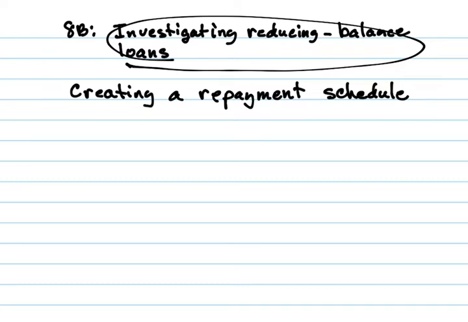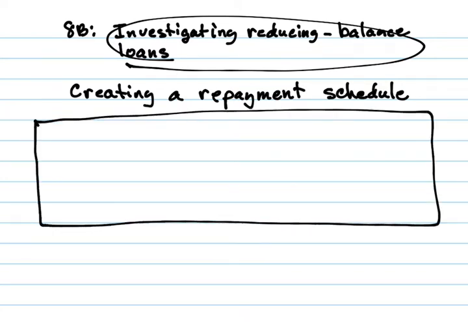So what we're doing is we're going to create a table of values. And what we're looking at is a schedule for repayments. Now, you guys have never had a loan probably, so you're not worried about it. And they don't do this anymore in the computer age. Some of you may have a car loan, but back in the day, if you got a loan for a car or for something, they would give you a repayment schedule.